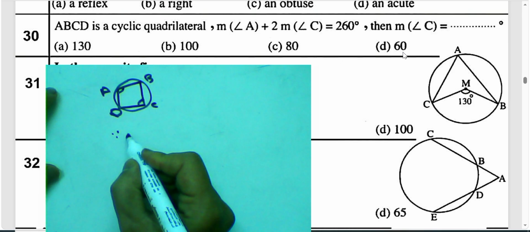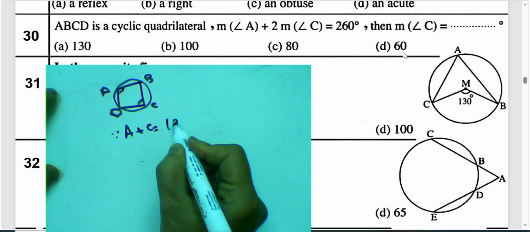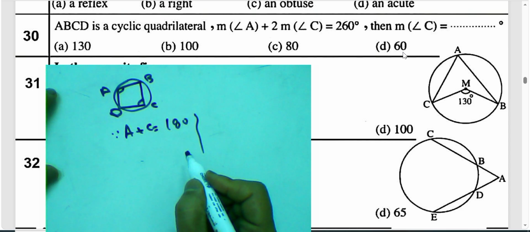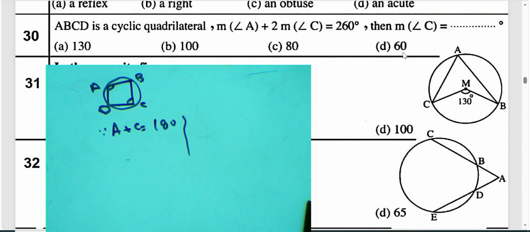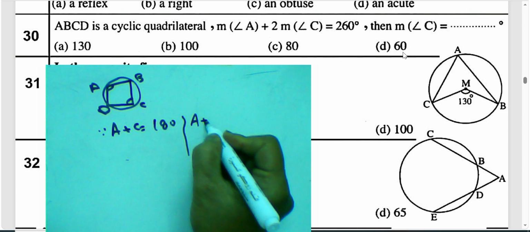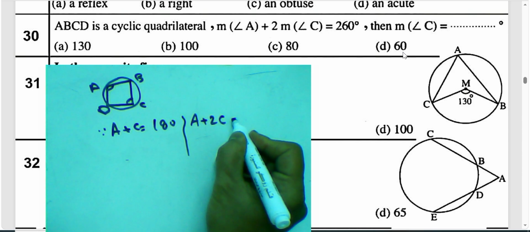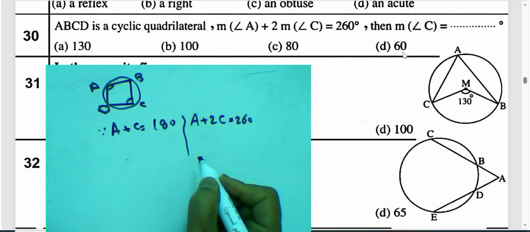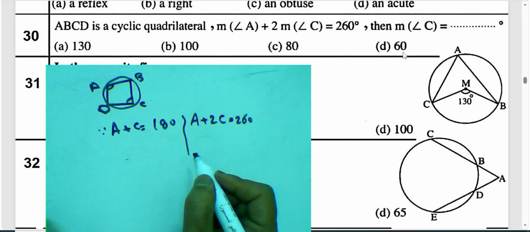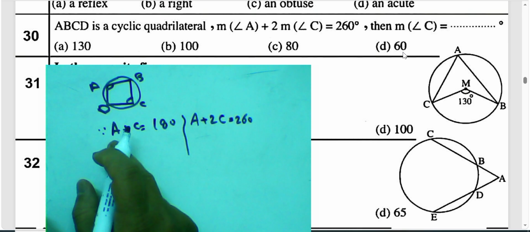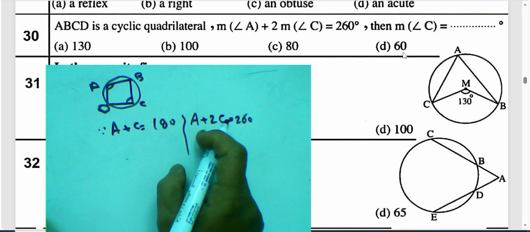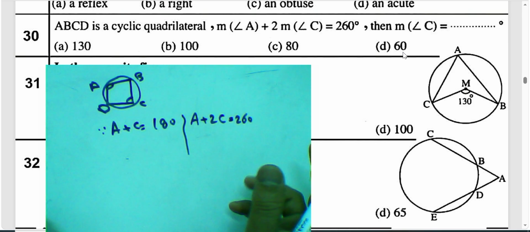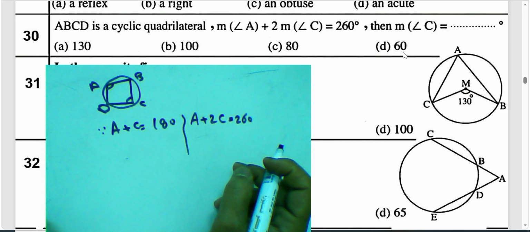You know A plus C equals 180, and he gives me this information in the example. Who can tell me how to solve this example?